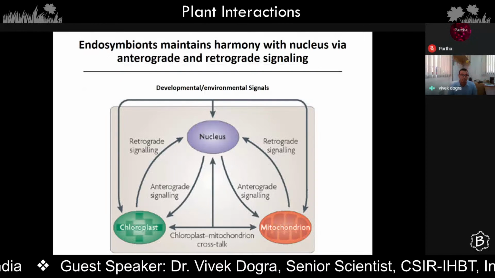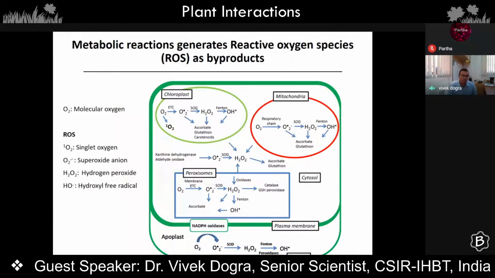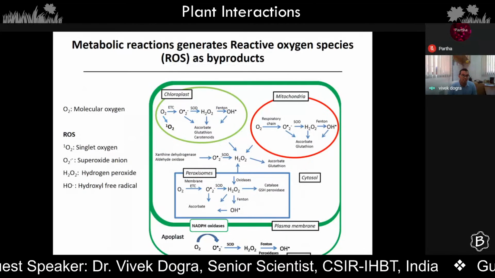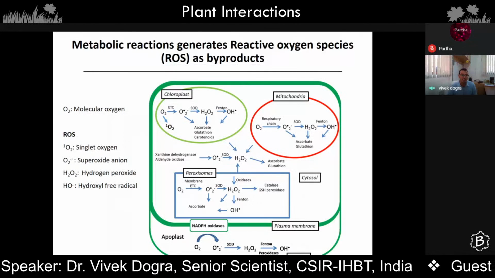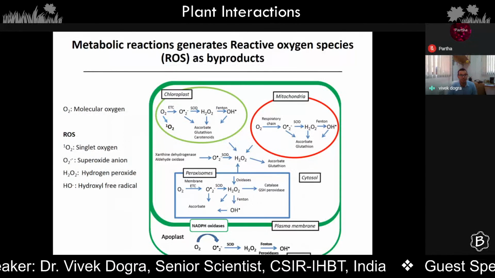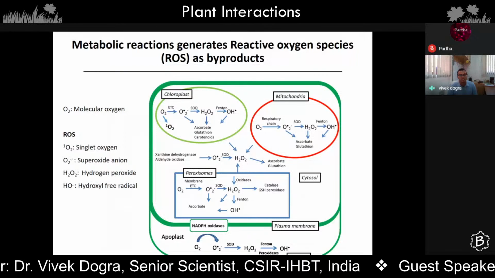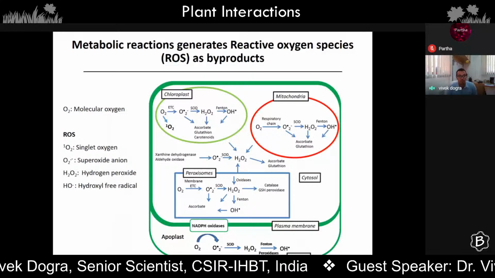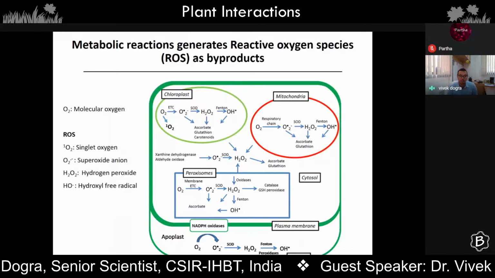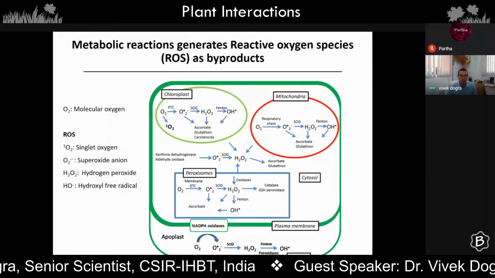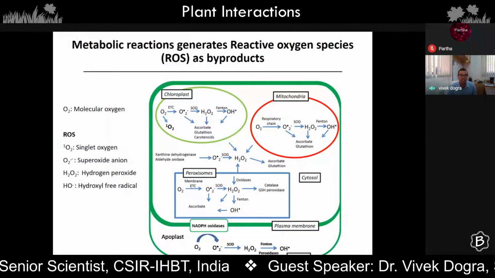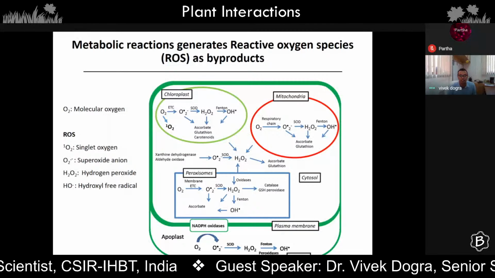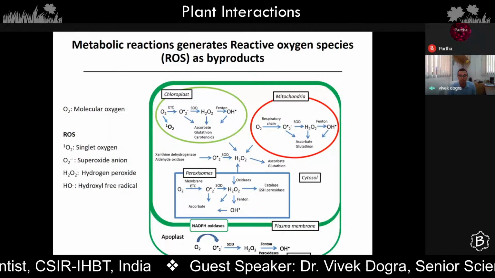As we all know, during metabolic reactions we see the generation of a lot of reactive oxygen species. This is the beauty of the biochemistry or photochemistry, where the transfer of electrons is important to make different molecules, and these molecules make energy in terms of NADPH and ATP.